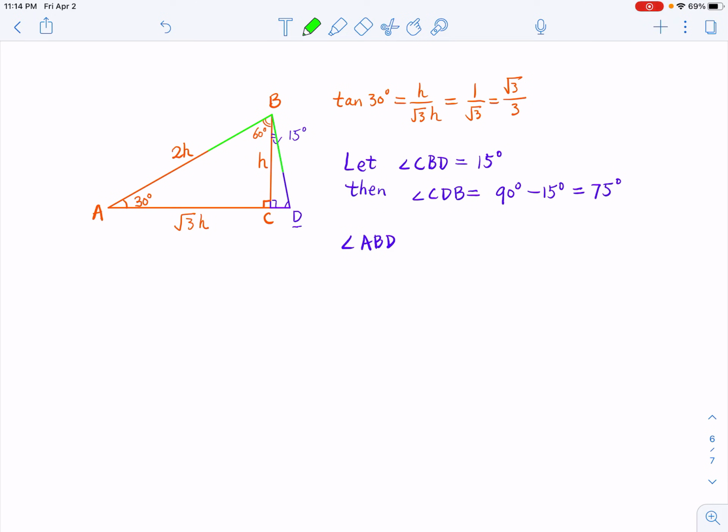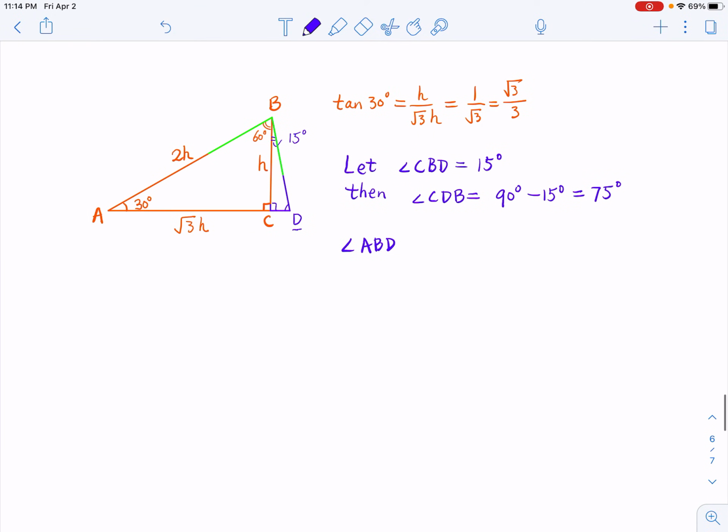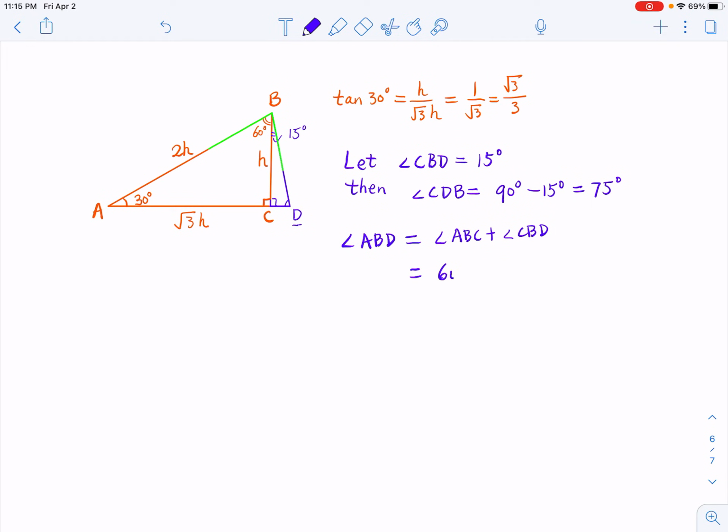would equal the sum of the two angles, ABC plus CBD. This green angle is the summation of the two angles, and one is 60 degrees, the other one is 15 degrees.